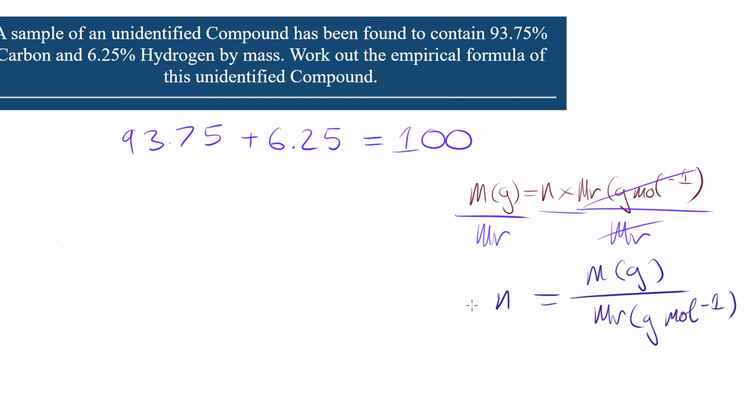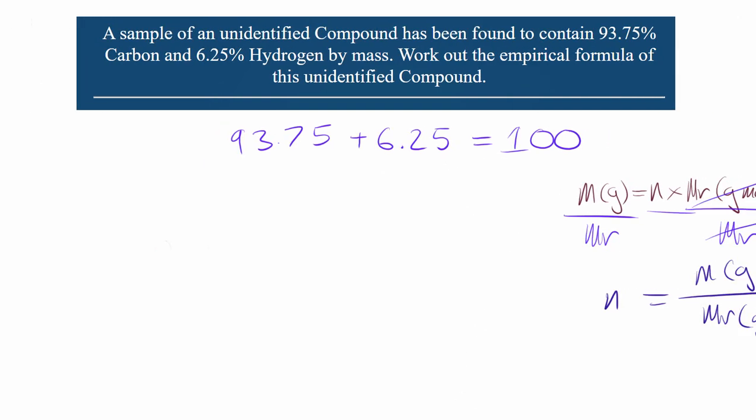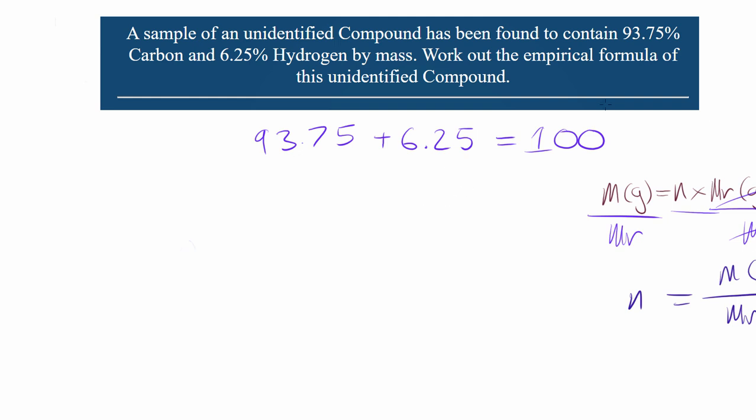Okay. Now we're going to use this equation, but we need the masses first. And currently we have percentages by mass, but we don't actually have a specific mass. The question doesn't say we have a particular number of grams, right? But we do need a particular number of grams to progress this question. So to solve for that issue, we're going to make an assumption. We're going to assume that the sample we are doing these calculations with has a total mass of 100 grams.